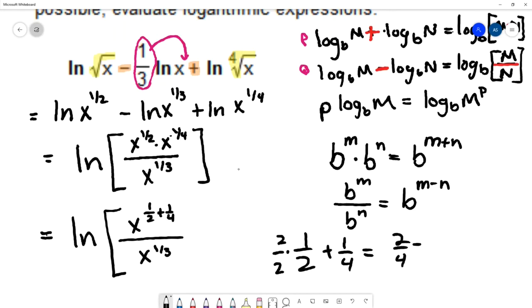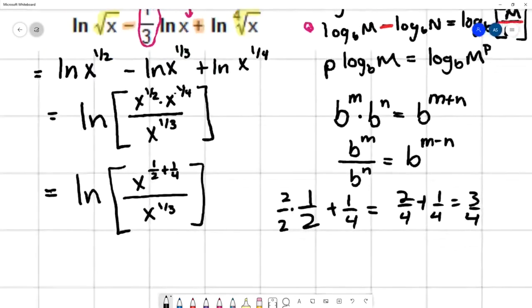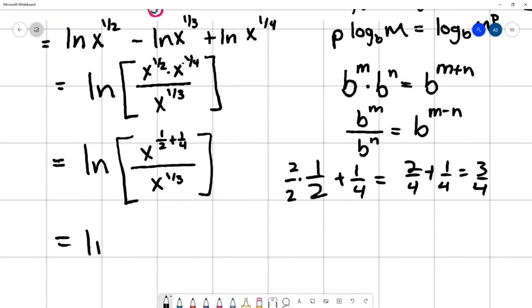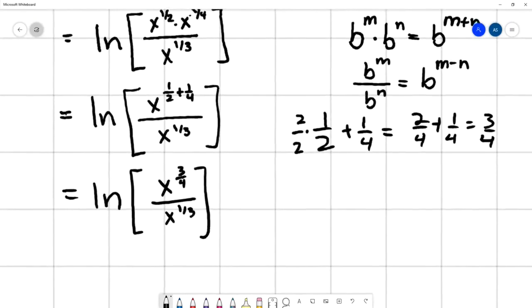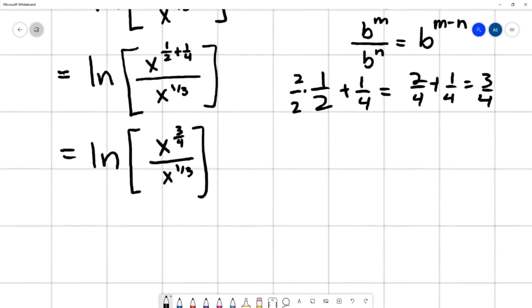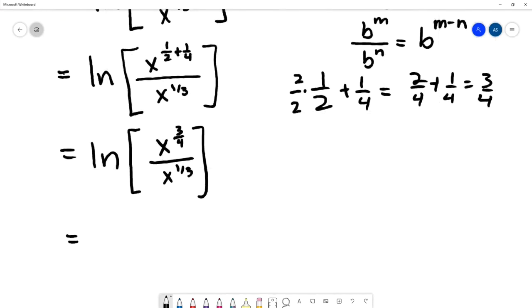That's 2/4 plus 1/4 is 3/4. So that's natural log of x to the 3/4 over x to the 1/3. And that was using the product rule for exponents.